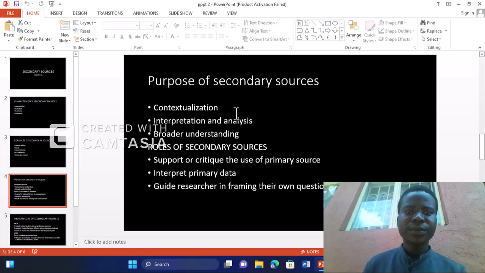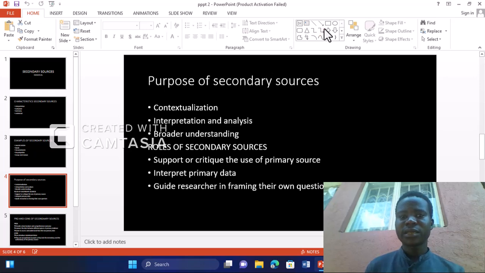Secondary sources help situate specific events or pieces of data within larger social, cultural, or historical frameworks, providing a fuller picture. And also, let's see the roles of secondary sources. Secondary sources support or critique the use of primary sources, interpret the primary data, and guide researchers in framing their own questions.